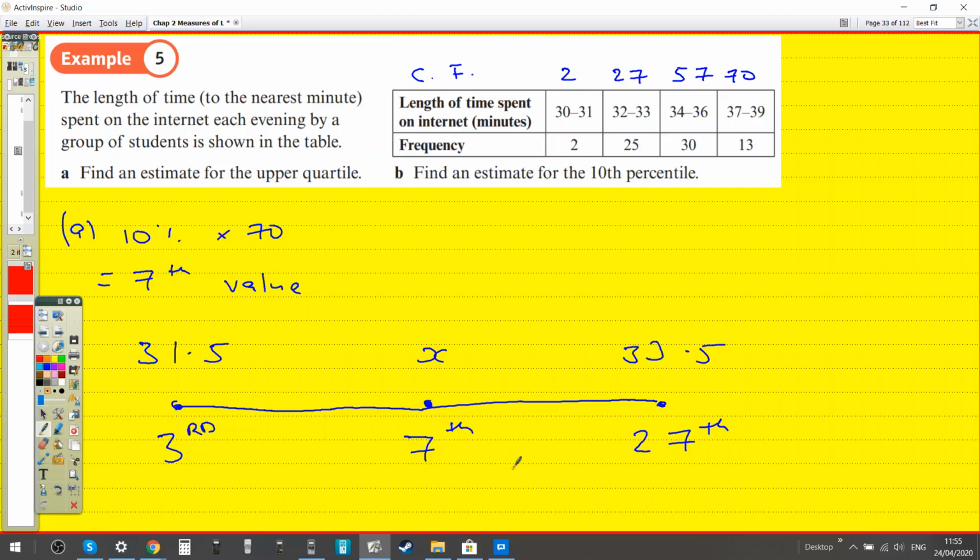And so the 7th kid is what we want to find. How do we do that? We are trying to find an estimate for how much time the 7th kid spent on the internet. So the third kid spent 31.5 minutes. The 27th kid spent 33.5 minutes. How much time did the 7th kid spend?